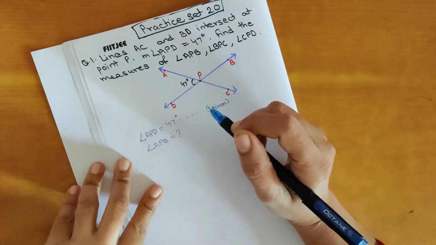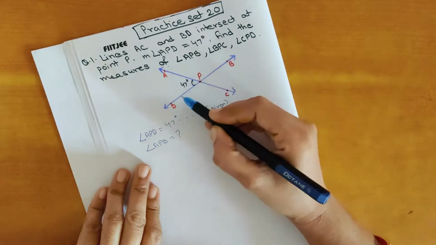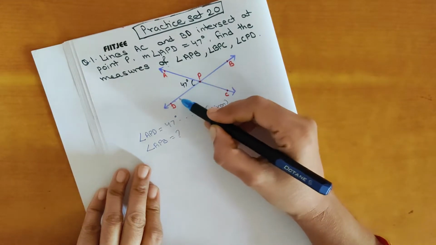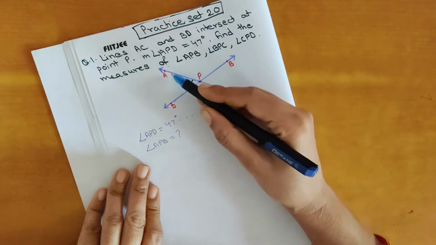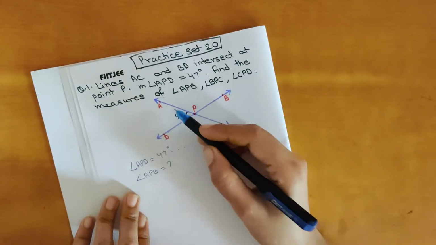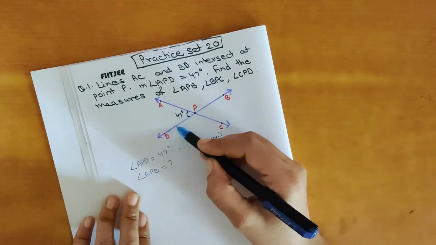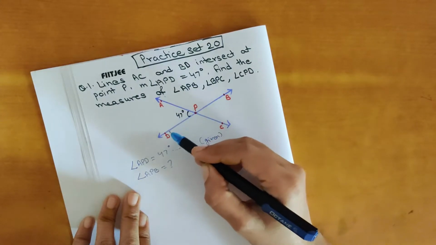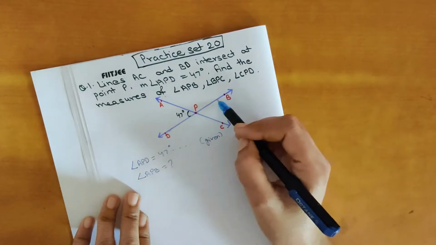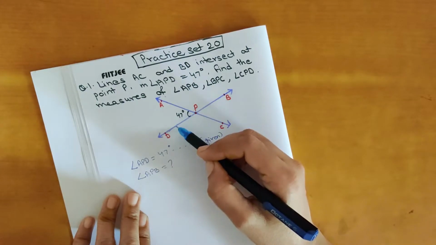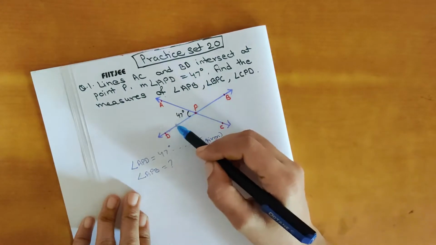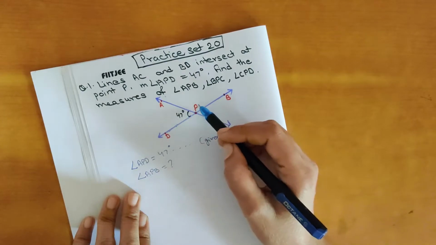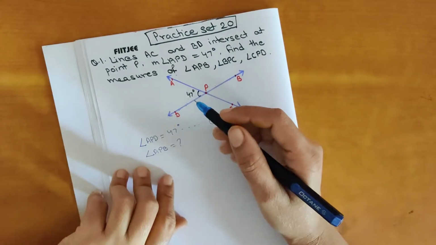How will we find it? So we know this is a line. There are two angles, angle APB and angle APD. They lie on the straight line and they are a linear pair of angles. So we know that linear pair of angles measure how much? 180 degrees. So it is easy to solve.